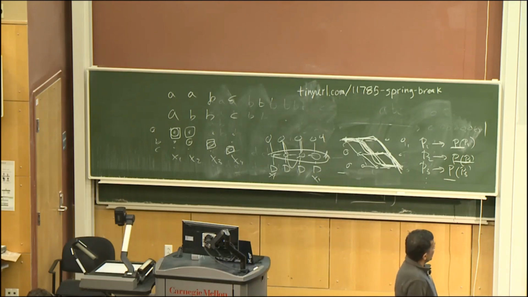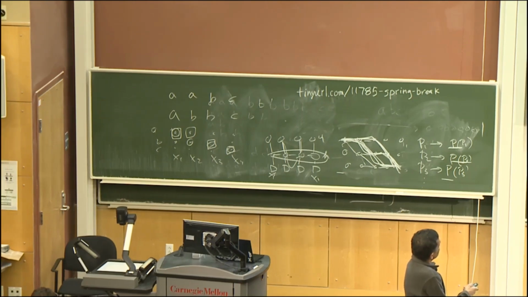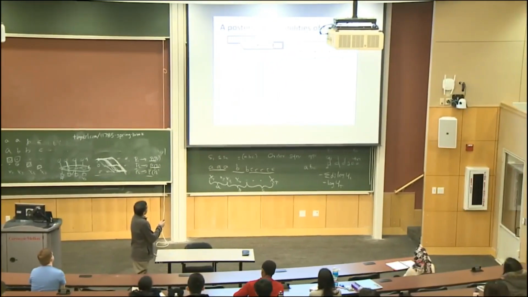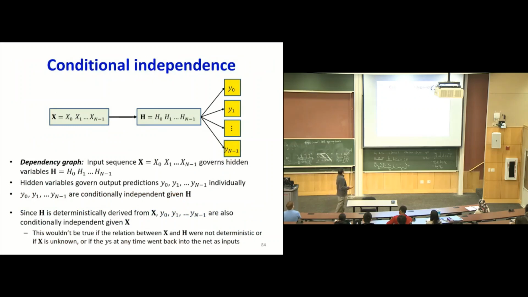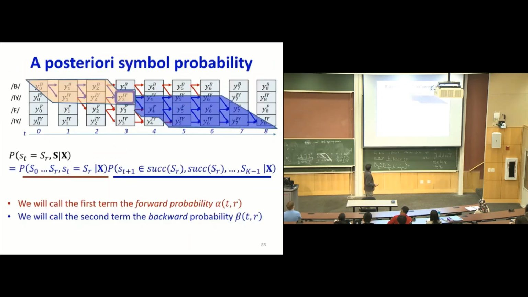And because of that, I can actually split this box into two and ignore the dependence between the two. Once I do that, I can say that the probability of this portion of the graph is simply the product of the individual probability of the orange graph and the individual probability of the blue graph.